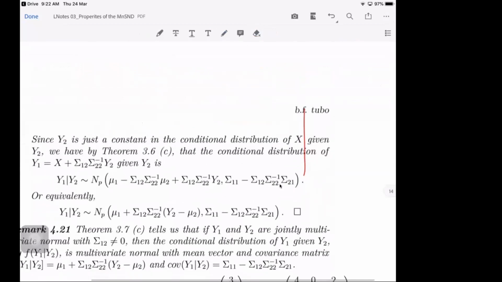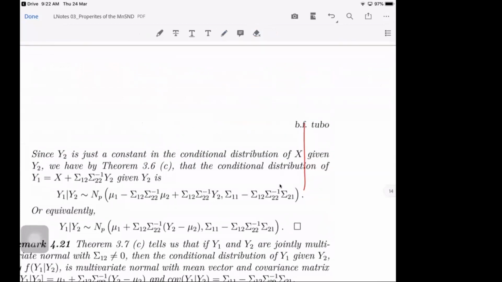So it's just a constant with respect to the conditional distribution. Then we can rewrite how we define x. We can rewrite it in terms of y1 so that you will have this after manipulation.